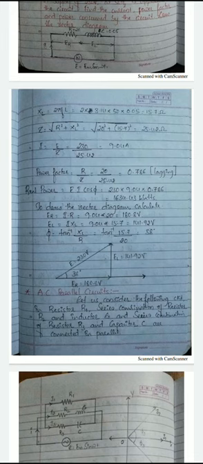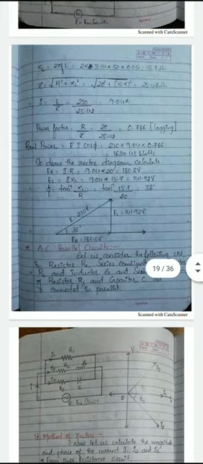The second method is power factor is equal to R by Z. We know the value of R, we know the value of Z. You can substitute, then we will get the power factor. But for the third case, we don't know the value of power, so we cannot go for the third method. Either you can solve using the first method or the second method, right? Here I used the second method, power factor is equal to R by Z. We know R is 20 ohms and Z is 25.42.